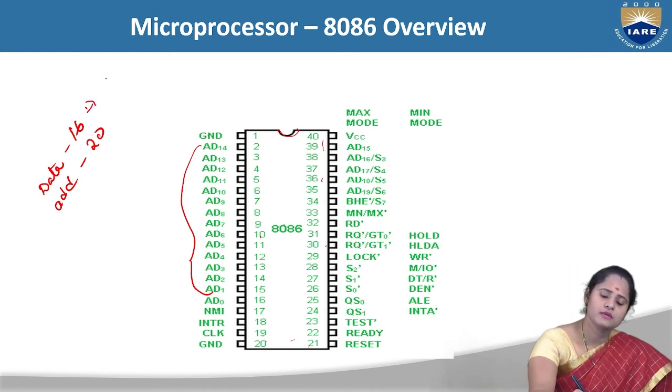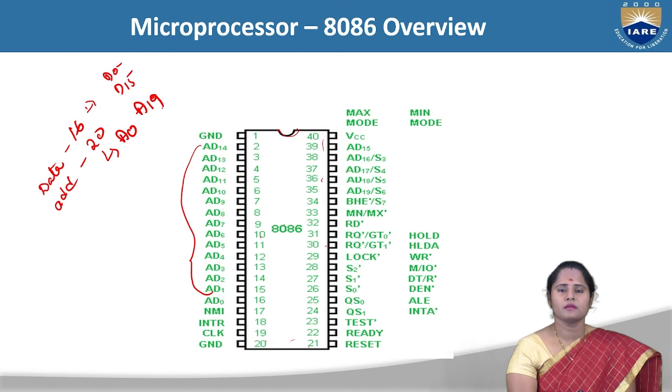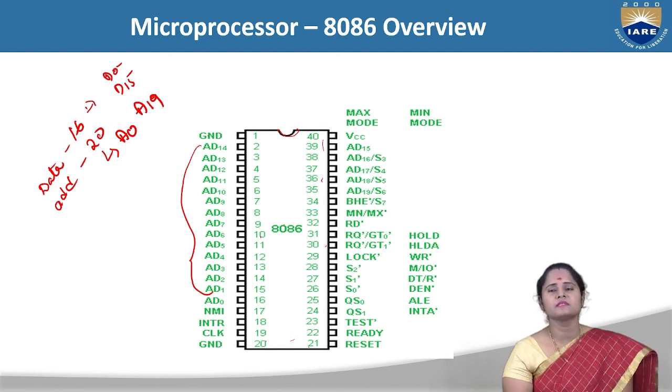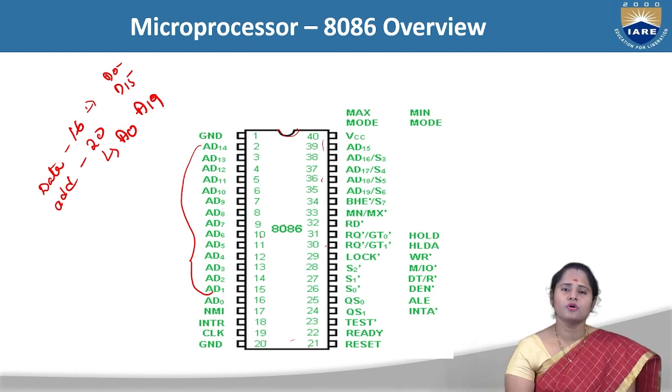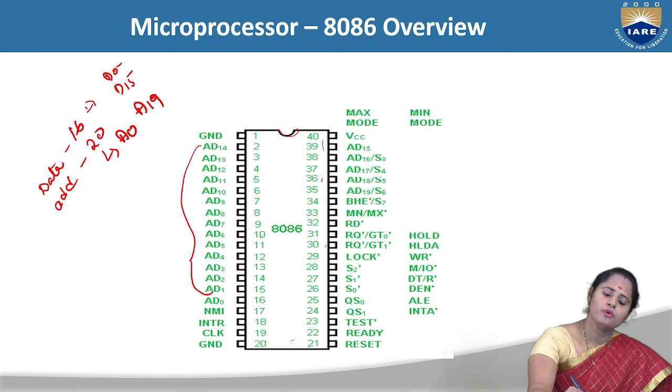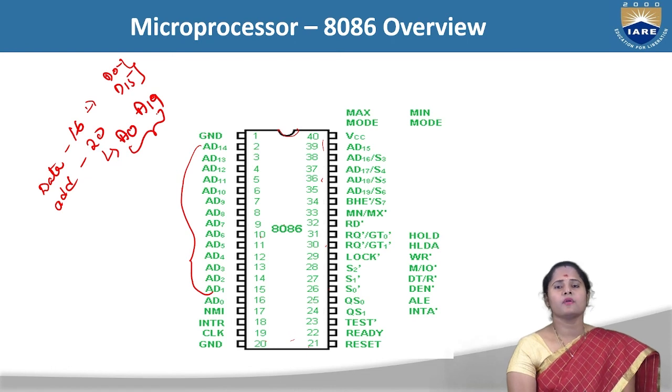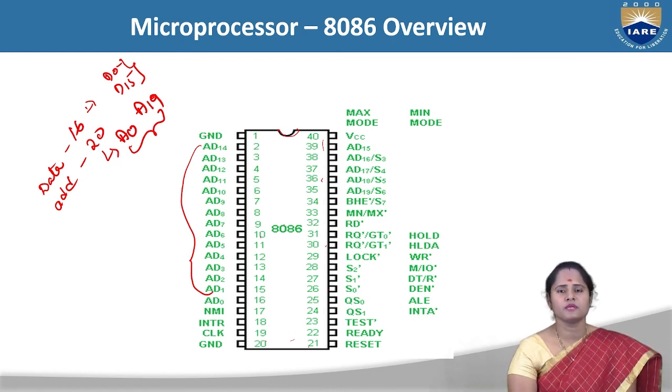Data lines are D0 to D15, and address lines are A0 to A19. Instead of using separate pins for address and data lines, we have combined them, and that combining is called multiplexing. D0 to D15 can be combined with A0 to A15, so it reduces the number of pins assigned to this 8086 processor.